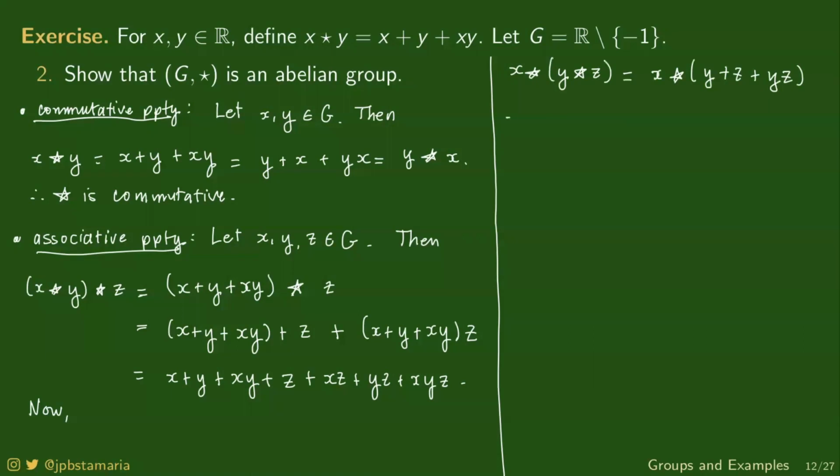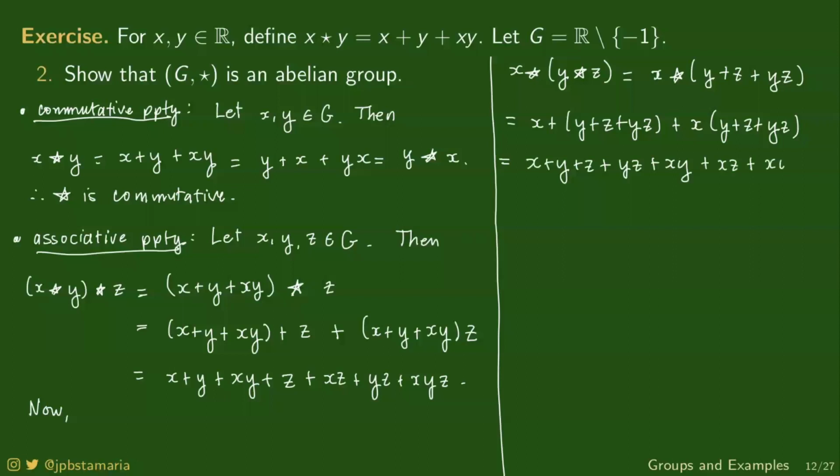Ganun ulit. We simply add and then we multiply. And then we simplify as an algebraic expression. You see that this is x plus y plus z plus yz plus xy plus xz plus xyz.